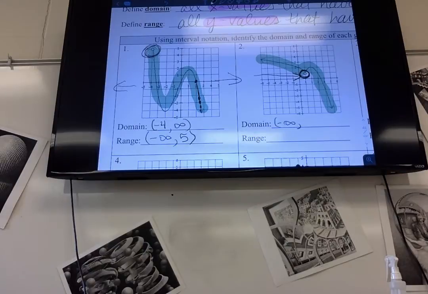Not where y equals 1, where x equals 1. Do I have any other point where x equals 1? No, I would have to have some point up here, or some point down here, somewhere vertical from that. So I have a problem at 1, so I got to stop at 1, because it cannot include 1, and then I got to pick back up at 1.